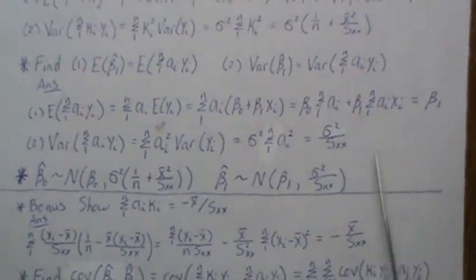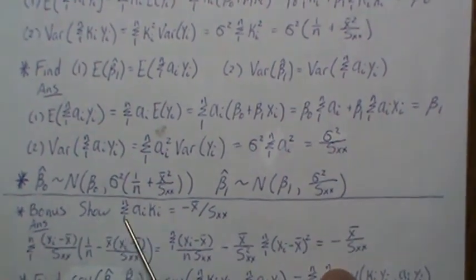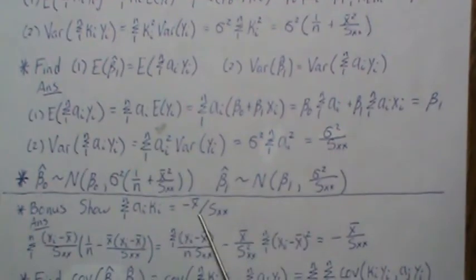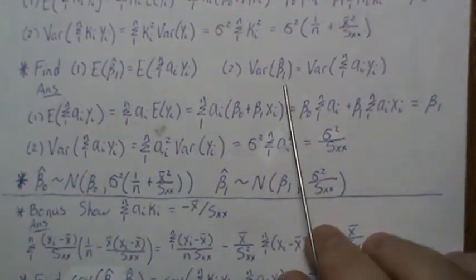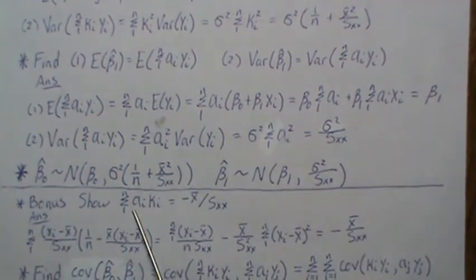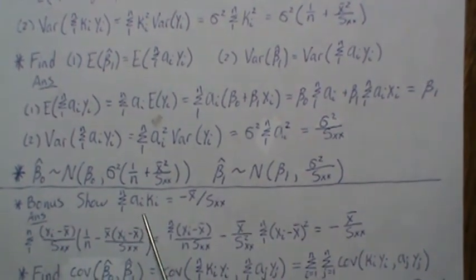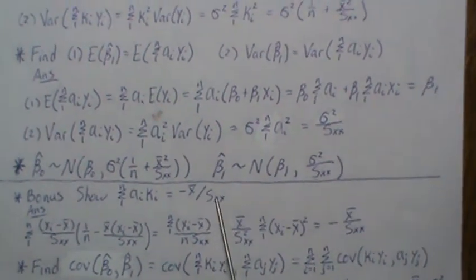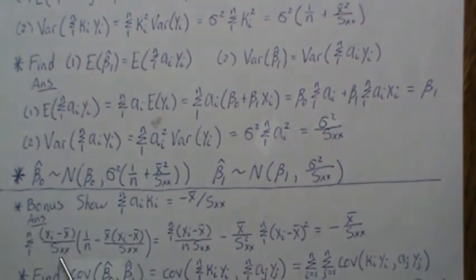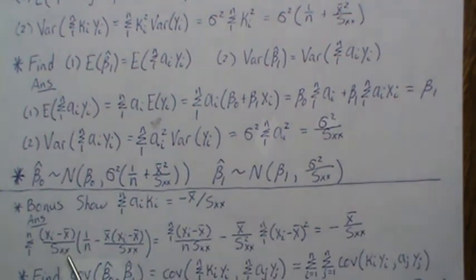Now as a bonus, we're going to show that the sum of a_i k_i is this. And it's a bonus because I really wanted to end right here, but I have paper left. So I'm like, let's add in some bonus calculations here. Let's show it's this. So now you take the sum of a_i and k_i right here. I mean the product.